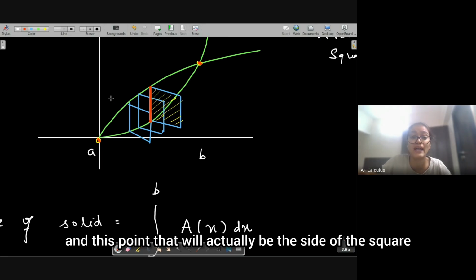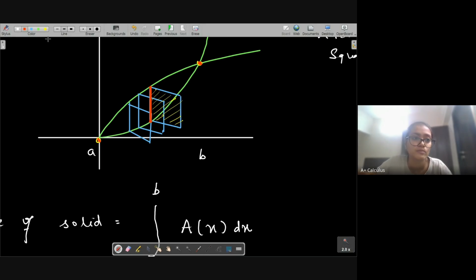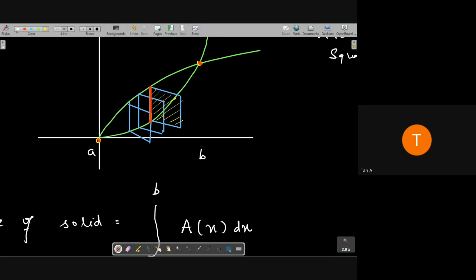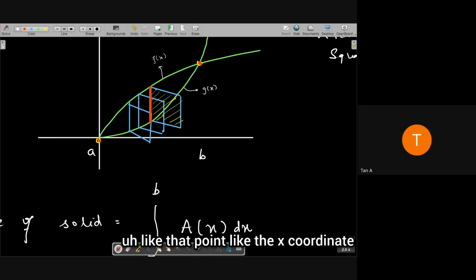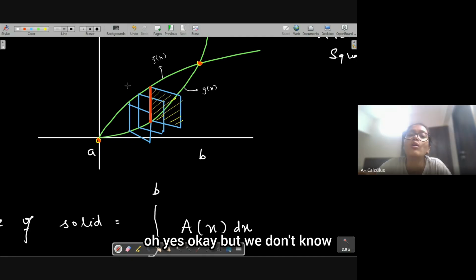That will actually be the side of the square. Let's put that into the equation. You just put it into the equation. Put what into the equation? Like that point, like the x coordinate. Oh, yes. But we don't know what will be the x coordinate.